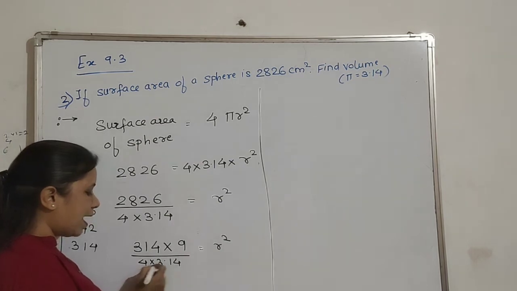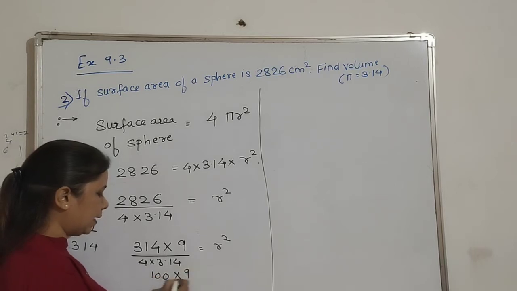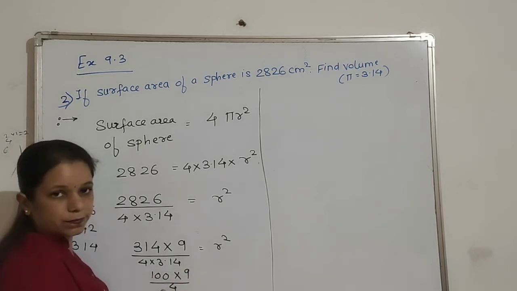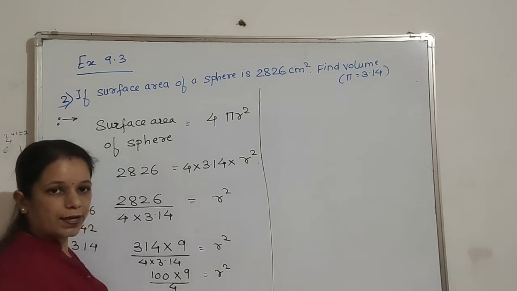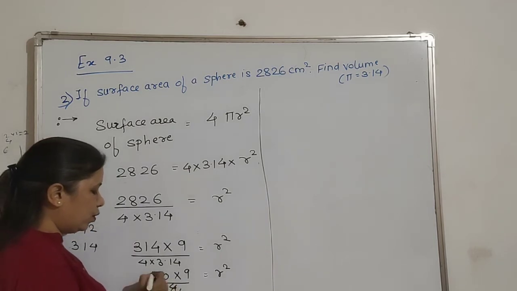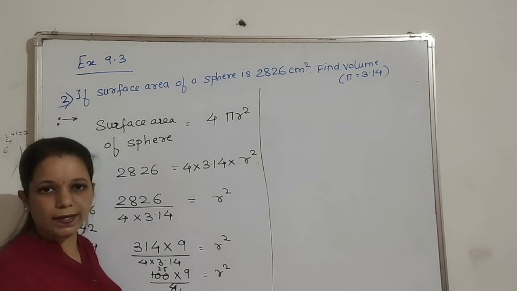So lastly the values left are 100 into 9 upon 4 is equal to r square. Okay, 314 will get cancelled out. Now 25 into 9 equal to r square.